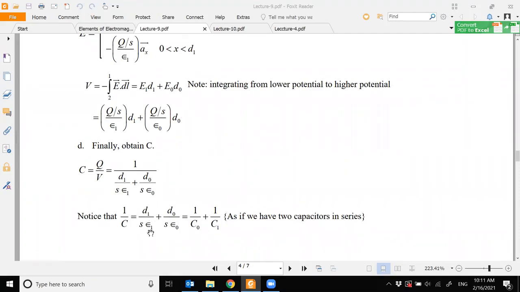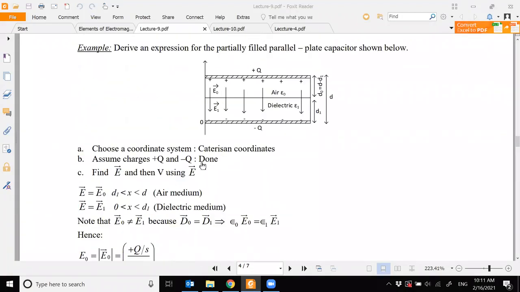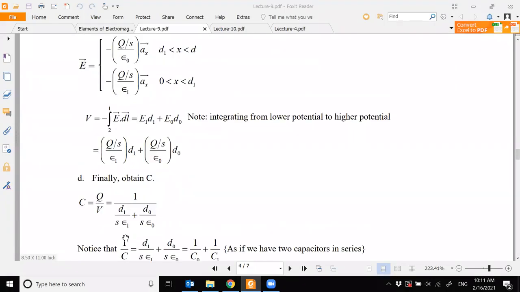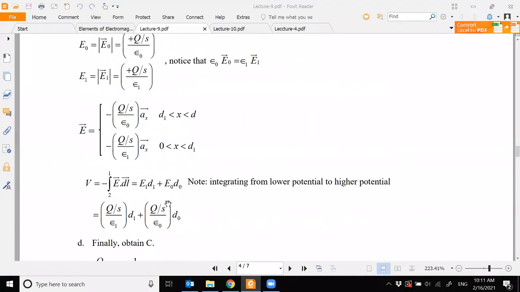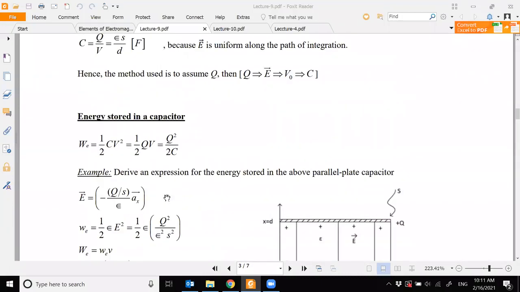And D1 over S epsilon 1, I can say, is the capacitance of only this region. Because remember, this expression S epsilon over D is the capacitance expression that we got here.